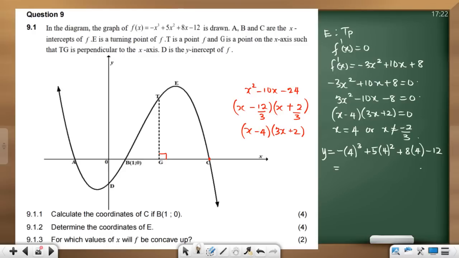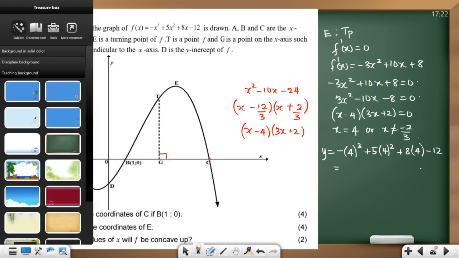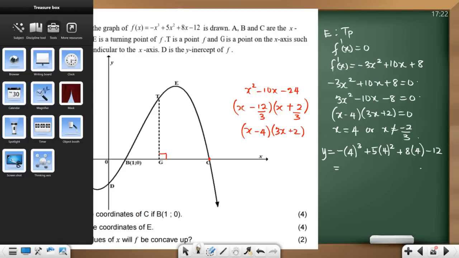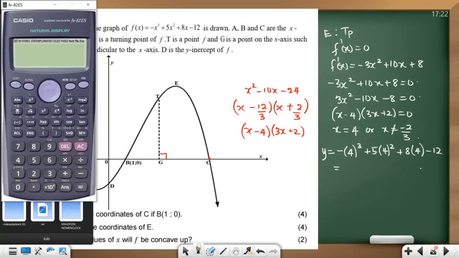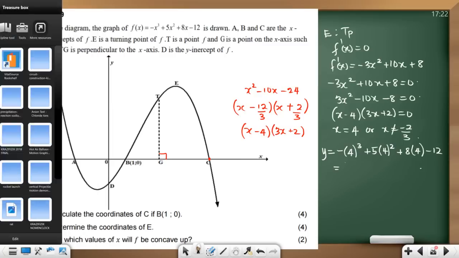Okay, let's use a calculator quickly for assurance of the answer. Alright, so please look at where I put the negative. The negative is outside. It's my 4 that is cubed, right? Please don't put the negative inside. Then 5, what do I have? 4 squared plus 8 multiplied by what? 4 minus 12. What do we have? 36. Makes sense.